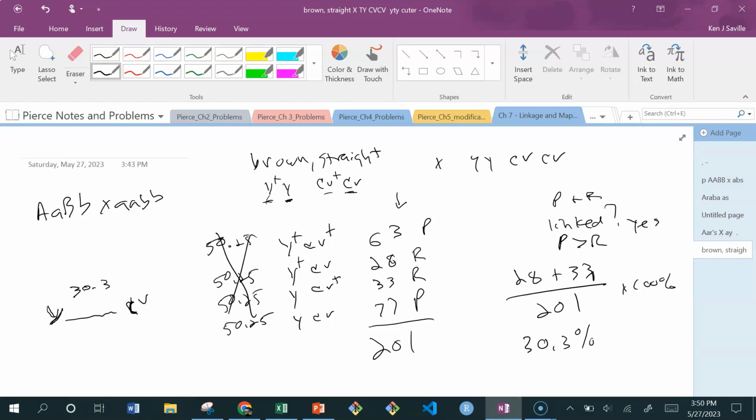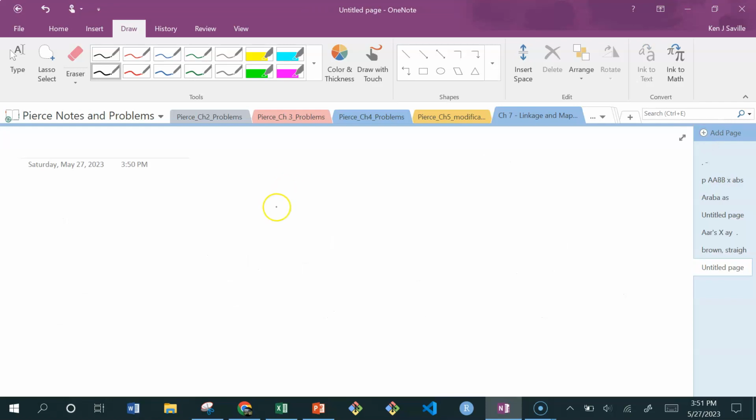What does that mean? Well, you have a chromosome, and we have this yellow gene on there and this CV gene. That just means they're on the same chromosome. I won't draw the crossing over just yet.